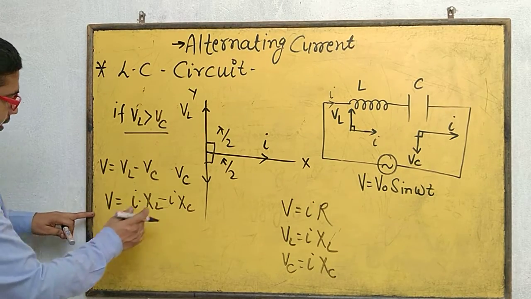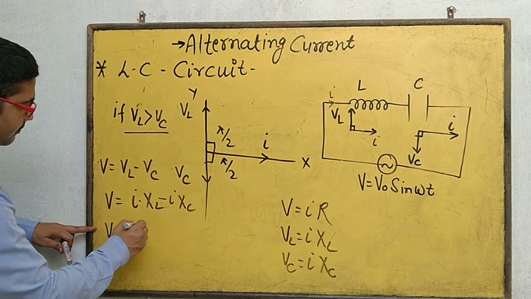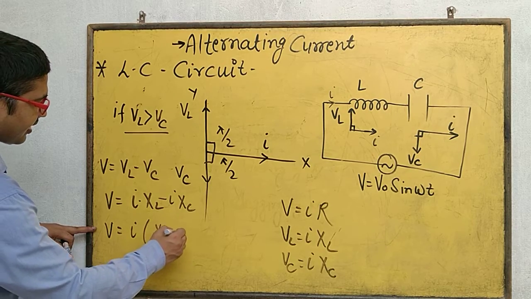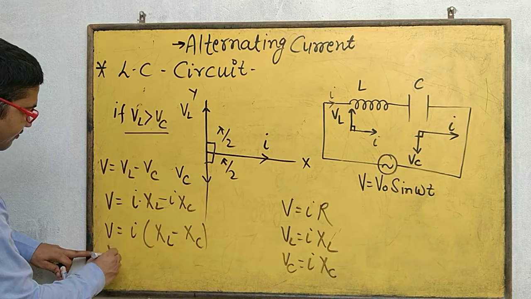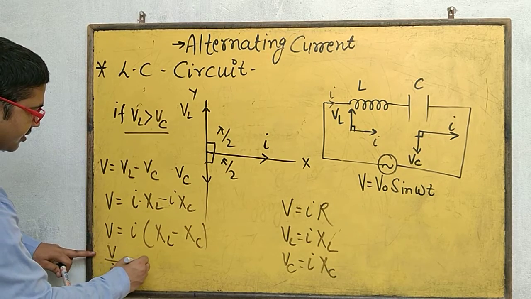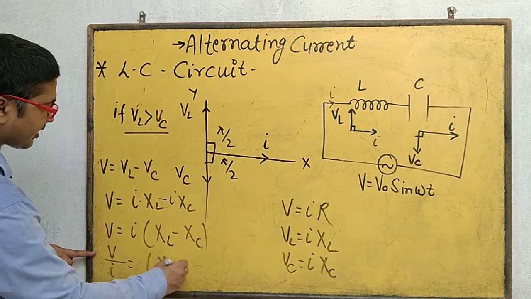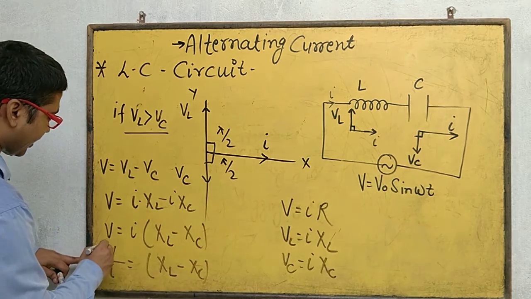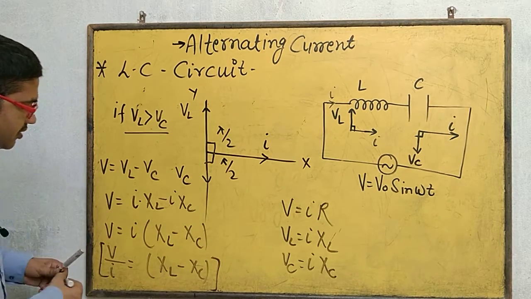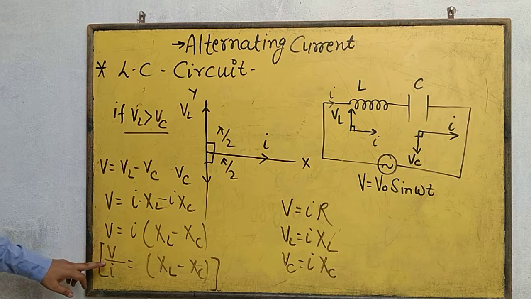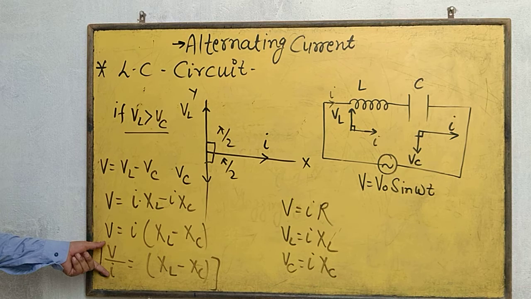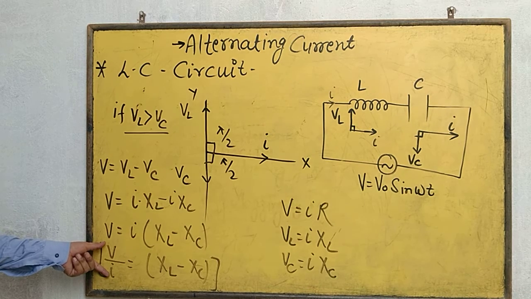Now you can take common current I, so you can write I times (XL minus XC). Okay, and now you can write V by I is equal to XL minus XC. On the left hand side, this one is V upon I, so it has the dimension of resistance.